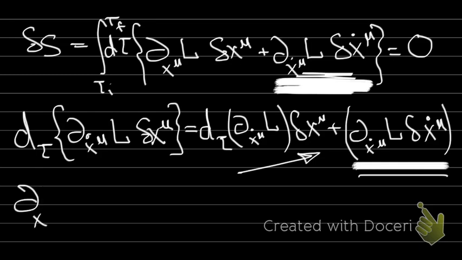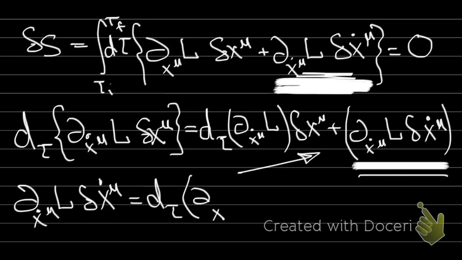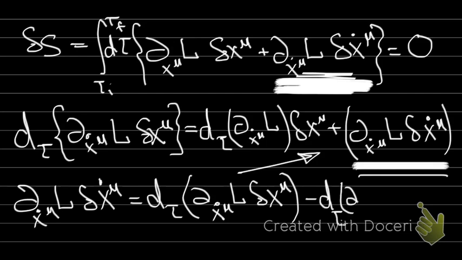We get partial x dot mu of my Lagrangian multiplied by the delta x dot mu is equal to, rearranging the terms in this equation, the total time derivative, the proper time, of partial x dot mu of my Lagrangian multiplied by delta x mu, closing brackets, negative the total proper time derivative of partial x dot mu of my Lagrangian, multiplied by delta x mu.